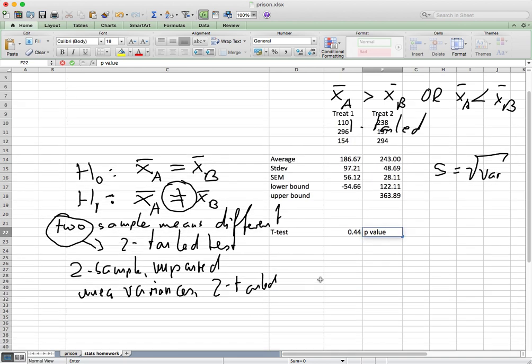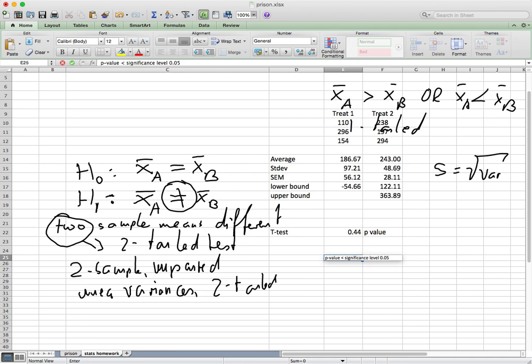Remember, if we have a low p-value, so if the p-value is smaller than our confidence or significance level, and this is usually set at 0.05, you can use any other significance level, but commonly it is set as 0.05. If the p-value is smaller than 0.05, then our p is low.